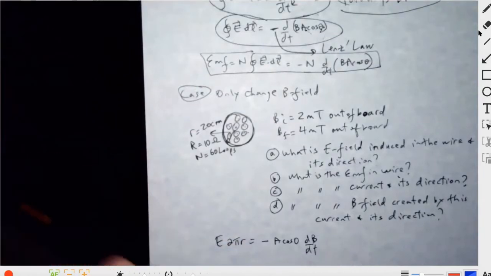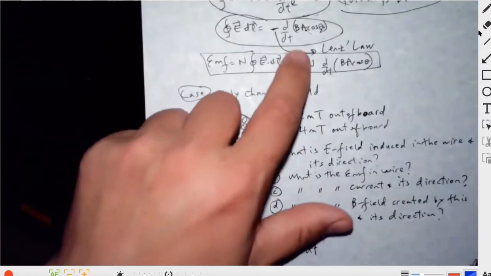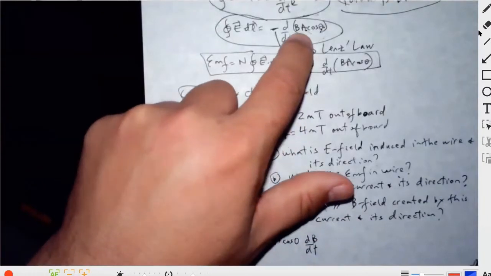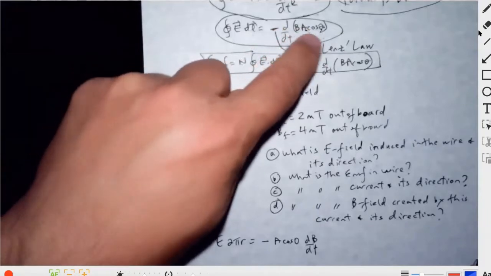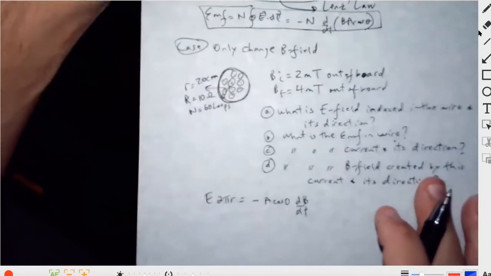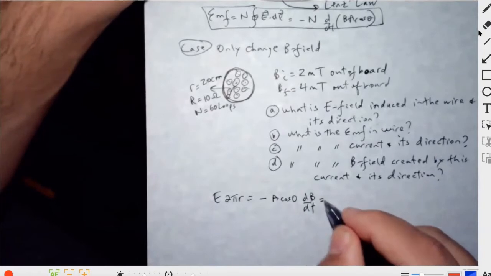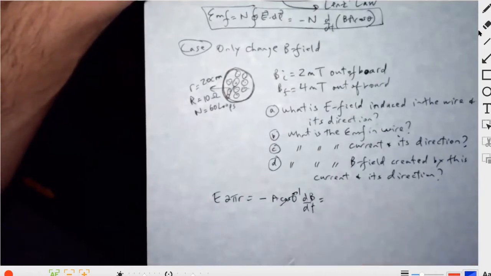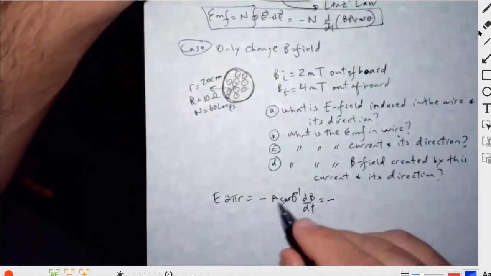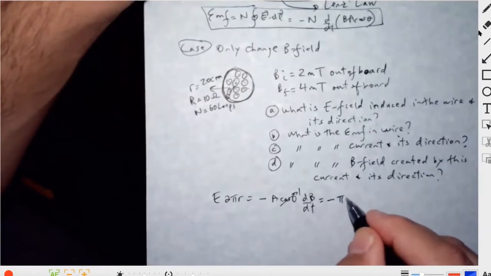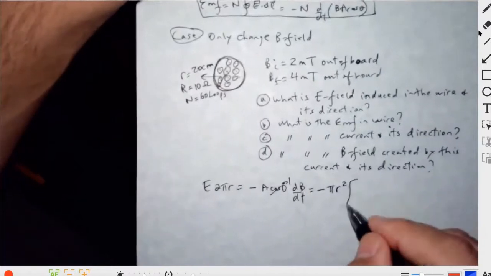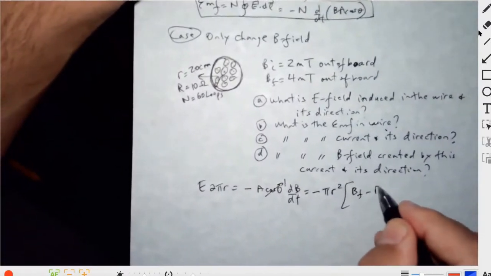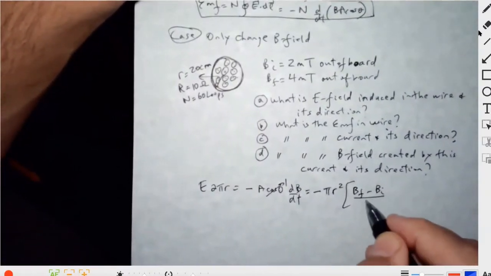The only thing that's changing in our case is the B field, so just dB dt, and the A and the cosine 0 come out. Cosine 0 is 1, so negative, and the area is pi r squared. And the dB dt is B final minus B initial over delta t.